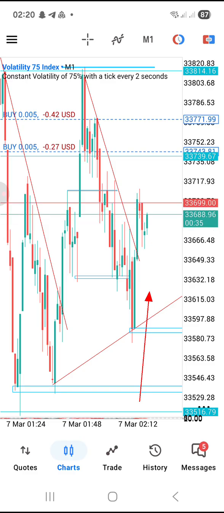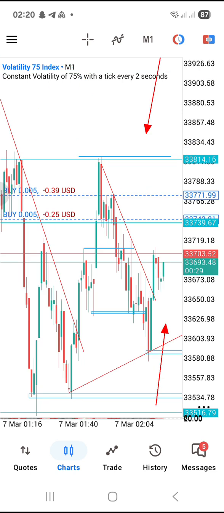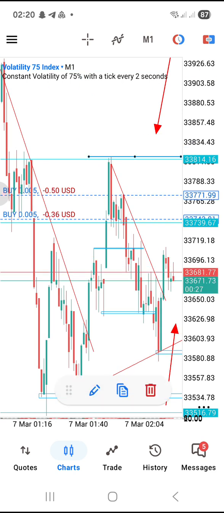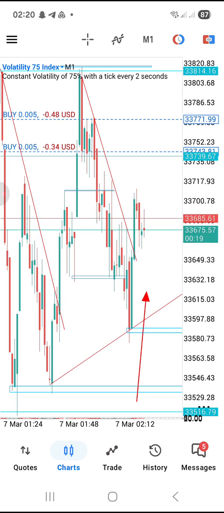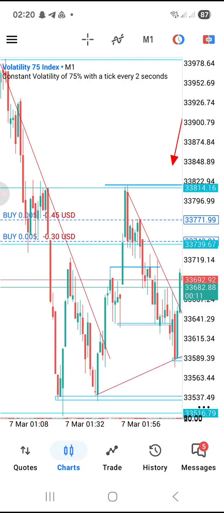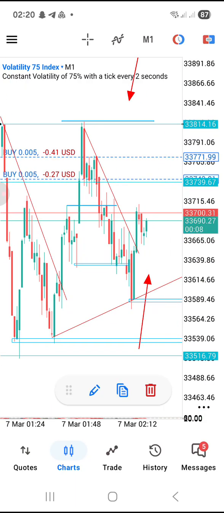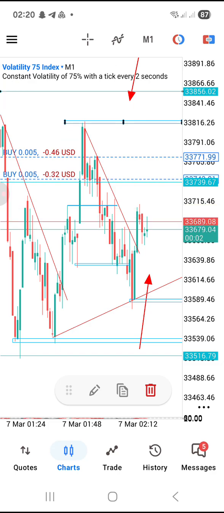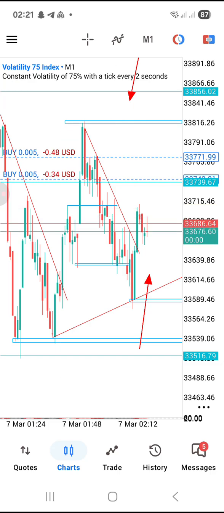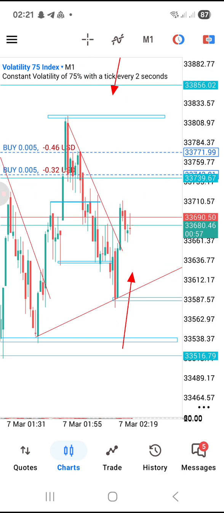So ideally, after this happens, we should expect it to break this level. We should expect it to break this level. If not, we are totally wrong. If that does not happen, totally wrong. Another thing is to come around here, retest, not be able to move further up, then we go for ourselves.